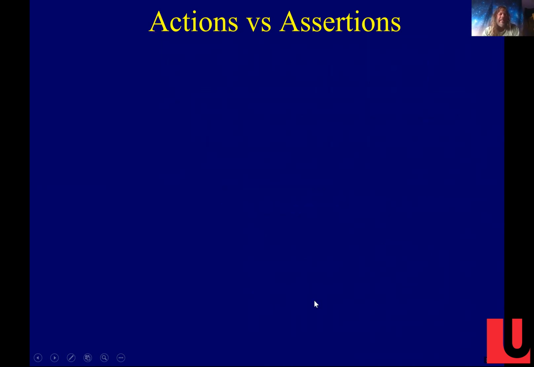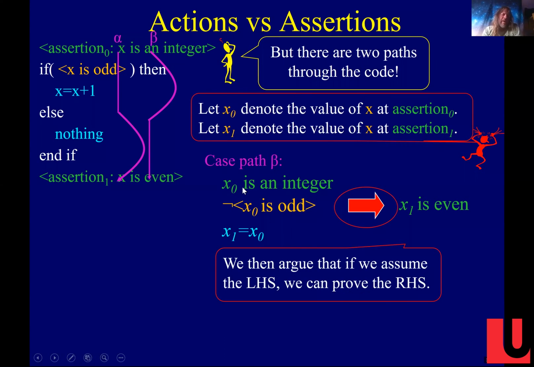It's pretty straightforward: if x is an integer and x is not odd, and you don't change x, then x is even. This is where we're using the fact that it's an integer. If it's not odd and it's an integer, then it better be even, and we don't change it. Everybody get that?